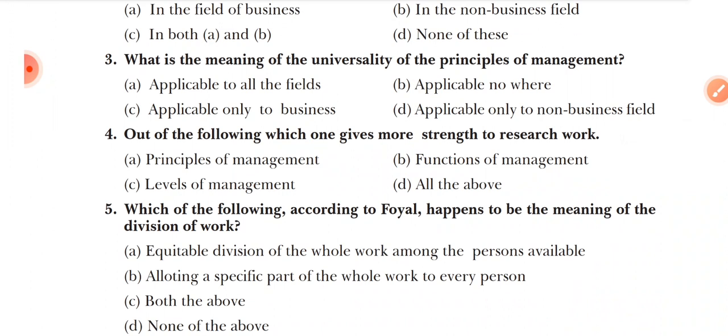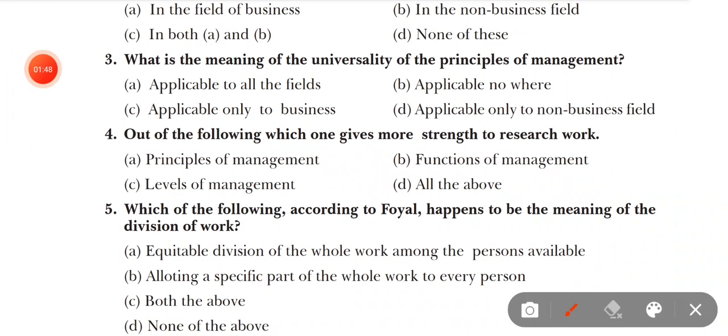Which of the following, according to Fayol, is the meaning of the division of work? And the correct option is option B, allotting a specific part of the whole work to every person.